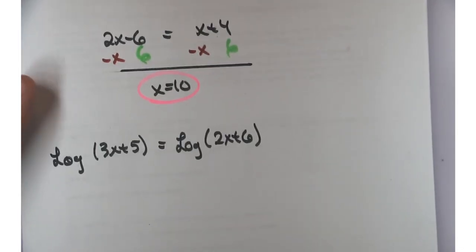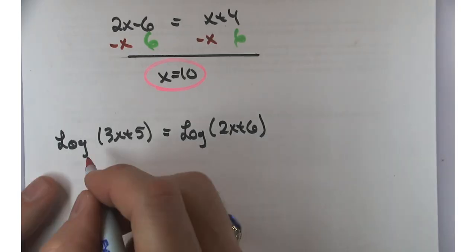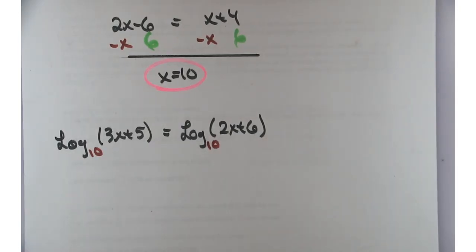Okay. Once again, you've got the log of something equals a log of something else. That's perfect. That's exactly what we're looking for. Does anyone remember what base logarithm we're dealing with? 10. Thank you. So you don't have to write it, but it's understood to be log base 10. That's good to have for later. But because these things are equal, what else can I say is equal?